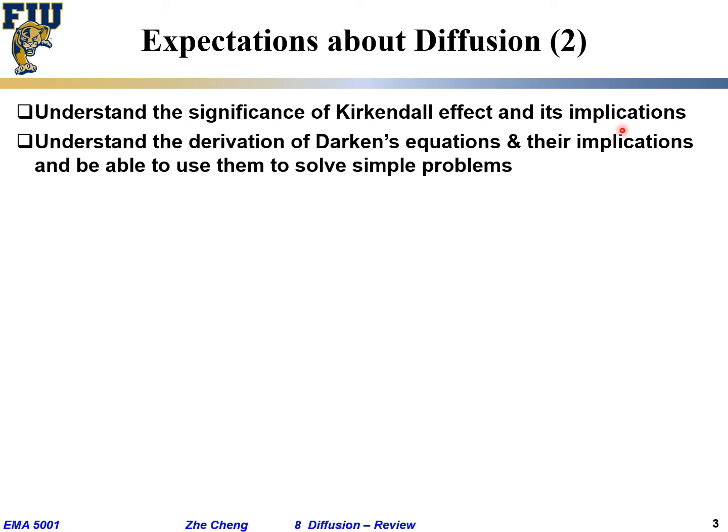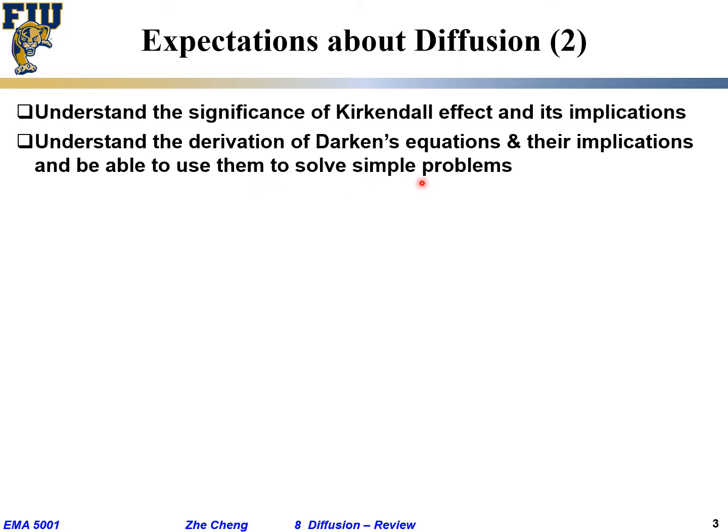I also expect you to be able to understand the derivation of the Darken equations. I do not expect you to remember the derivation of the Darken equations, but you have to be able to understand the two Darken equations. Okay, one is about the interdiffusion coefficient D tilde, and the other is about the movement of the interface. Okay, and the implication, and be able to use them to solve simple problems.